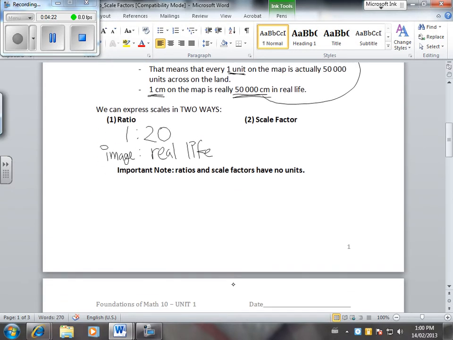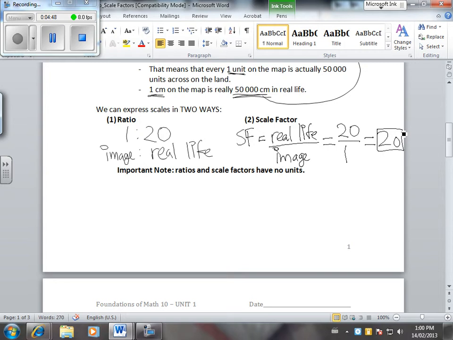Or we can use scale factor. Scale factor, written as SF, equals real life over image. If we use our 1 to 20 again, our real life is 20 over 1. 20 divided by 1 is 20.